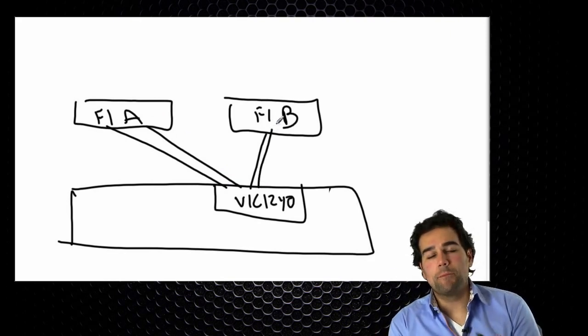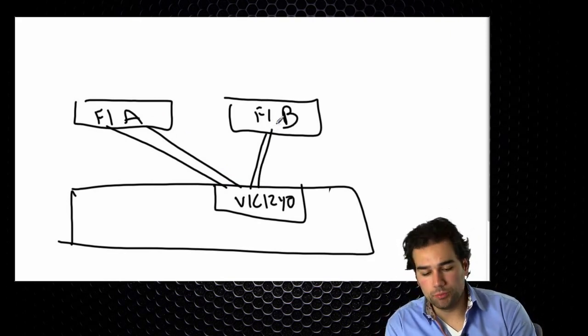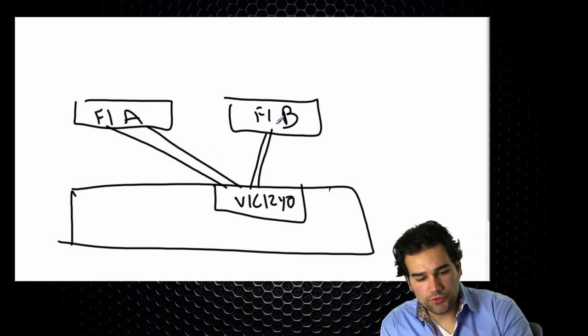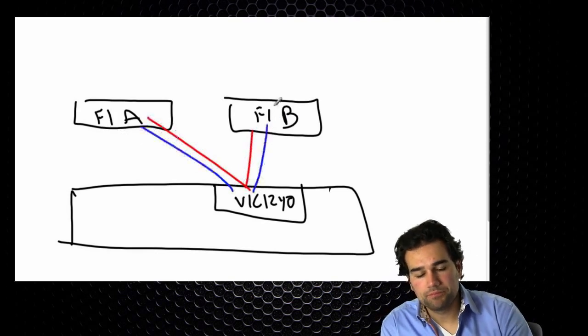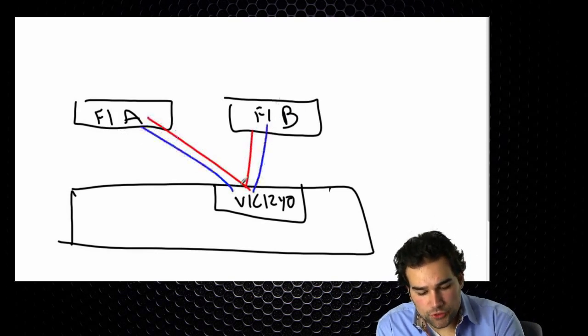Like I said, every pair is inside a group. So the first set, let me draw it a little bit differently. We have the red one, A and B, and we have a blue group called A and B. So we have 2 groups. We have the blue group and we have the red group.